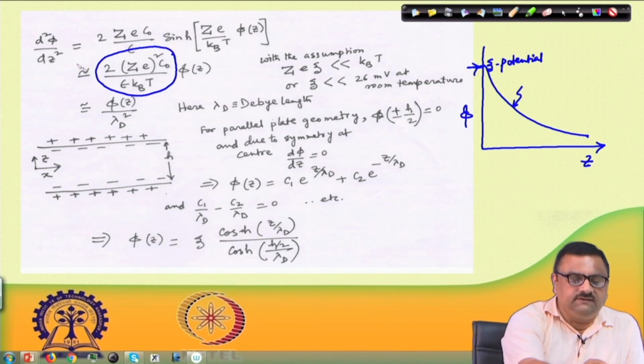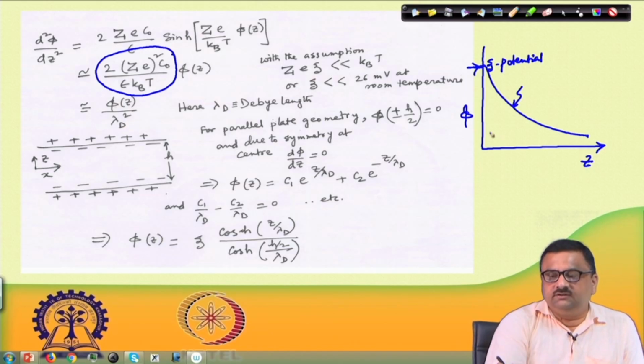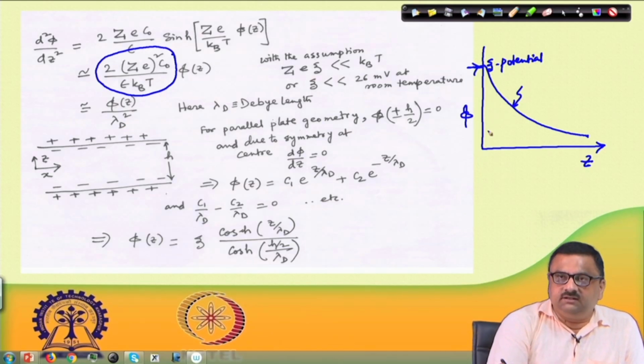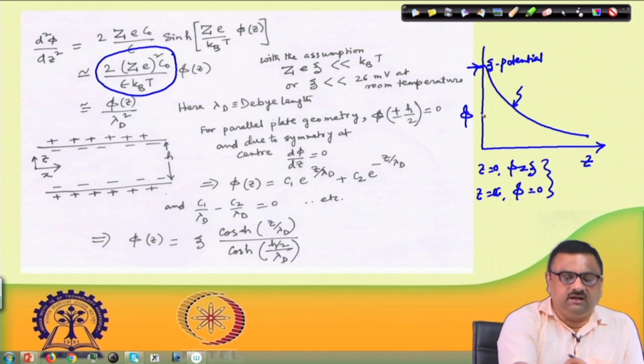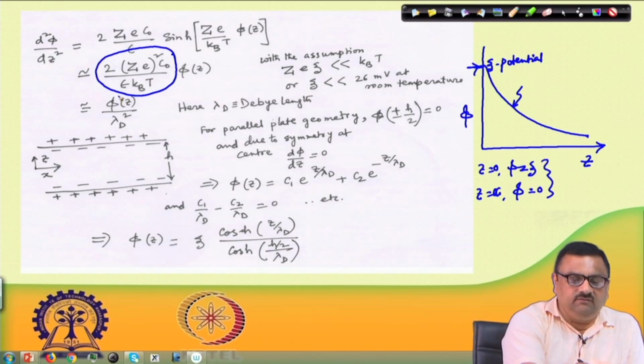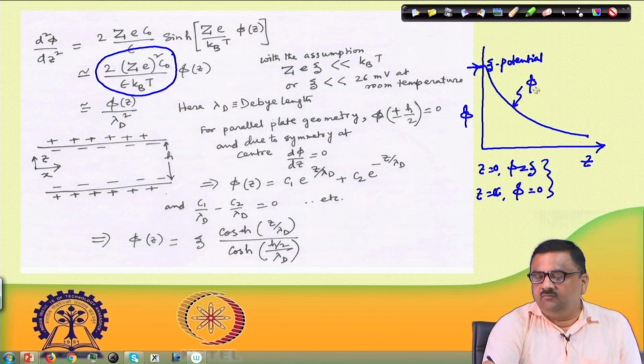If you solve this equation d square phi dz square equals phi z by lambda d square, with the boundary condition that at z equal to 0 phi is equal to zeta, and at z equal to infinity phi is equal to 0, because it is tending to 0, then one can get phi is equal to zeta e to the power minus z by lambda d.